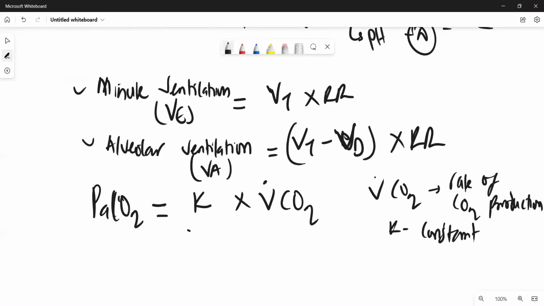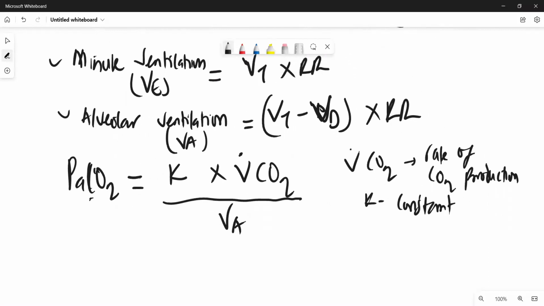And then we divide this by our VA, which is the alveolar ventilation. So basically what we are saying here is that if there's an increase in production of carbon dioxide, that will increase the carbon dioxide that's present in the blood, right? And if there's a decrease in ventilation, that will also increase the carbon dioxide.